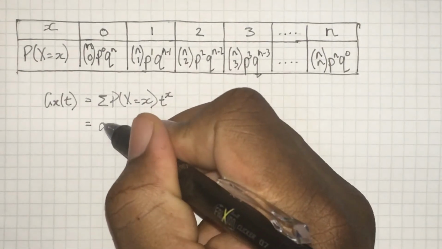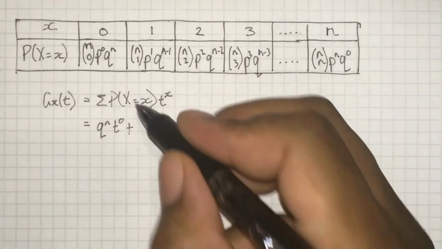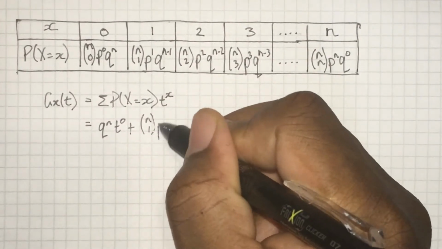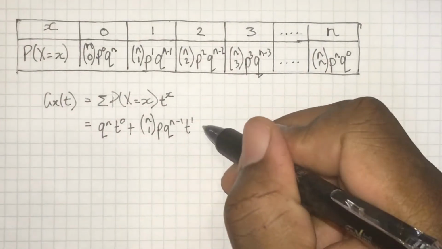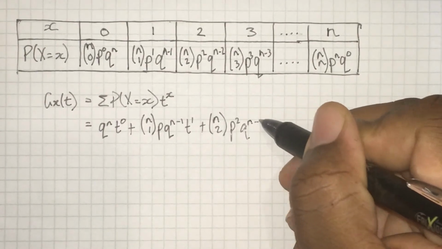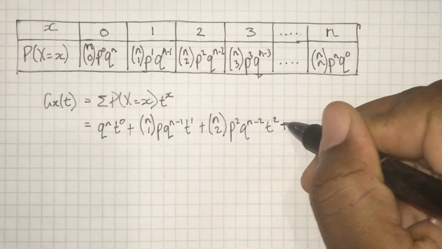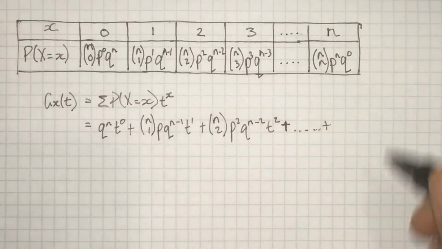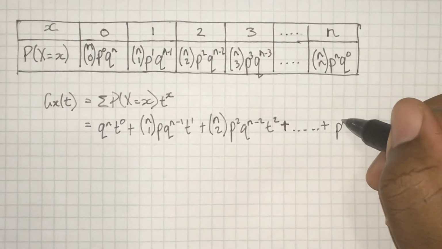For the first one, it will be q to the power of n, since we know that it's an edge case and the other terms equal to 1, multiplied by t to the 0. For the second one, we have the probability expression multiplied by t to the 1, probability expression multiplied by t to the 2, etc., until the last term, which is going to be p to the n multiplied by t to the n.